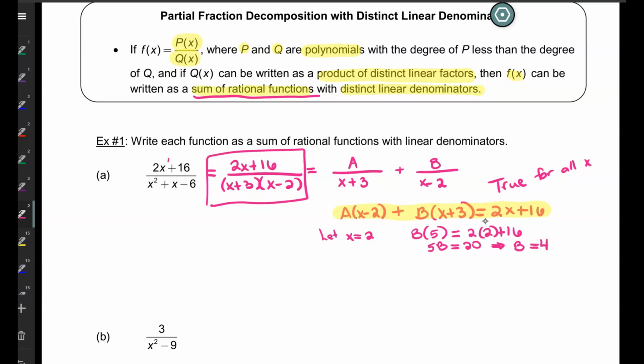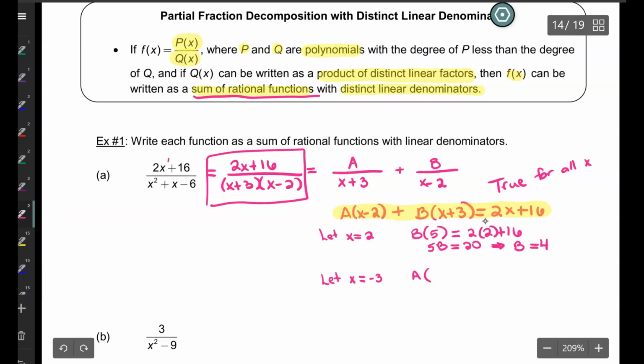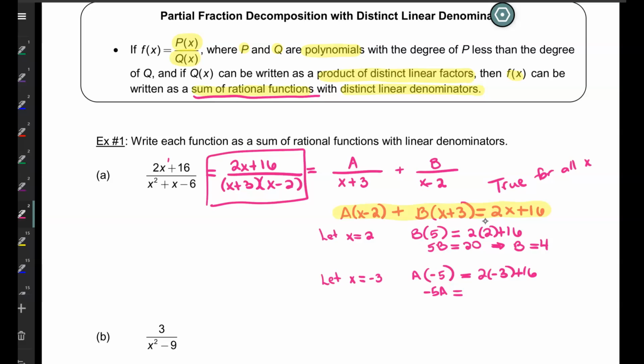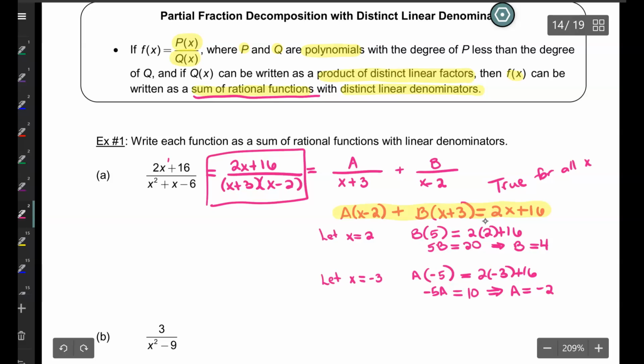Okay, now take a look at b times x plus 3. I want to wipe that term out, so this time I'm going to let x equal negative 3. So I'm going to have a, and then negative 3 minus 2, so that's going to be negative 5. Then 2 times negative 3 plus 16. So we're going to have negative 5a equals 10, which implies a is equal to negative 2.